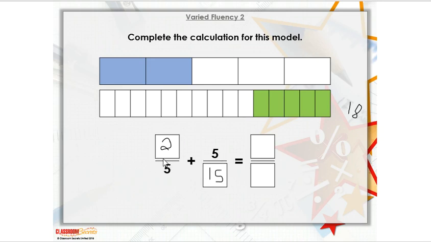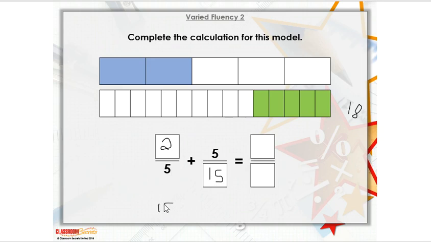Now we need to find the fraction family that we can use as our common denominator. First of all, let's think about 15. 15 is our largest denominator. Does 5 go into 15? Is 15 a multiple of 5? 5, 10, 15. Yes, it is. So we can turn this fraction into 15ths.